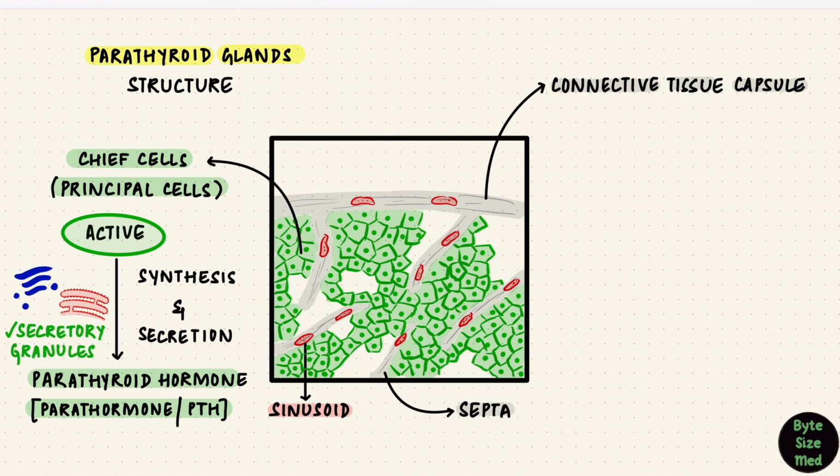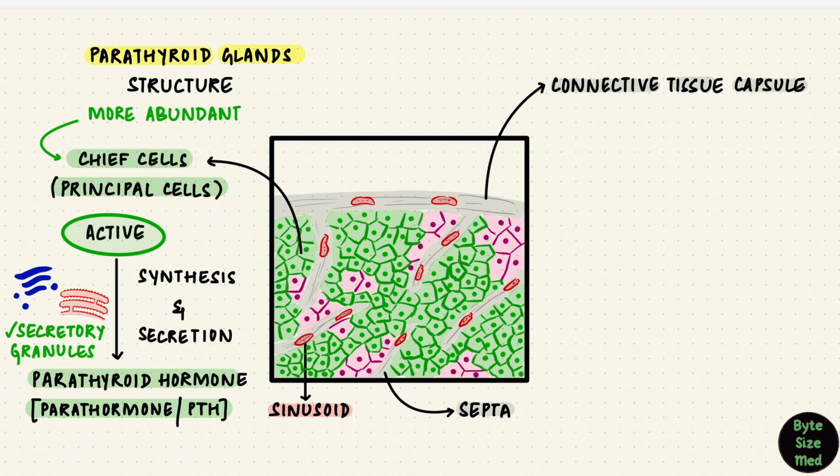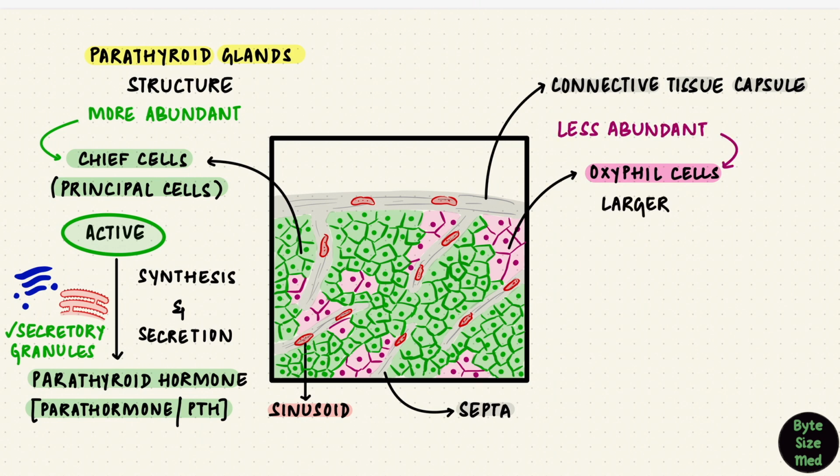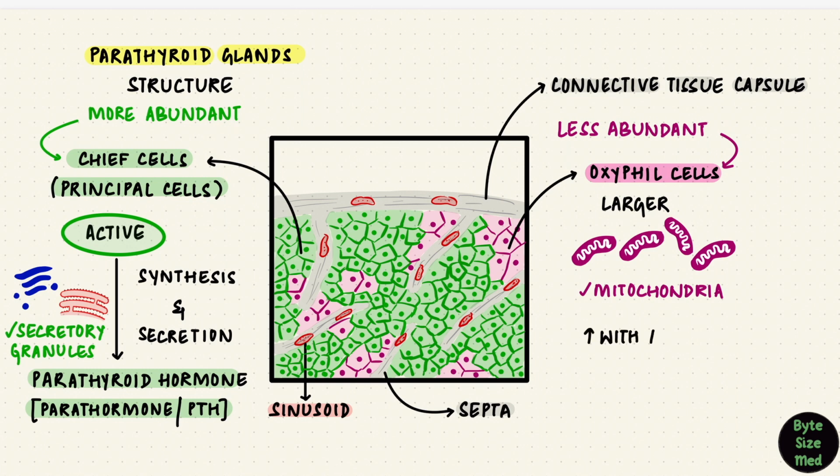The chief cells are the most abundant cells when compared to the other type of cell, the oxyphil cells. The oxyphil cells are lesser in number. They are larger and are more eosinophilic. They have clumpy mitochondria and glycogen. These cells actually show up more after puberty and increase in number with age.